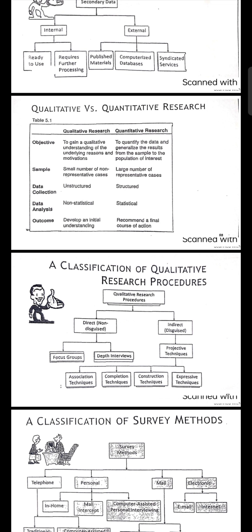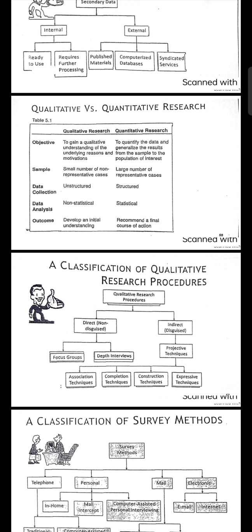In contrast, what is quantitative? Quantitative is to quantify the data and generalize the result from the sample to the population of interest. So it uses a large number of representative cases, and the data collection is more structured. It could be numbers, and it could be counted.